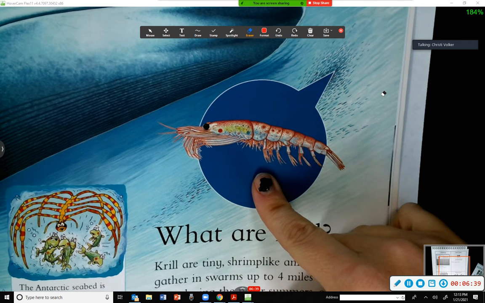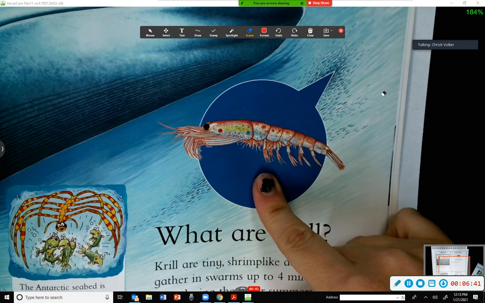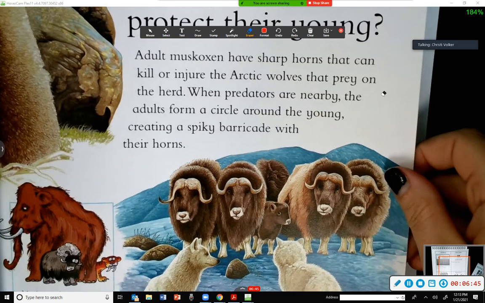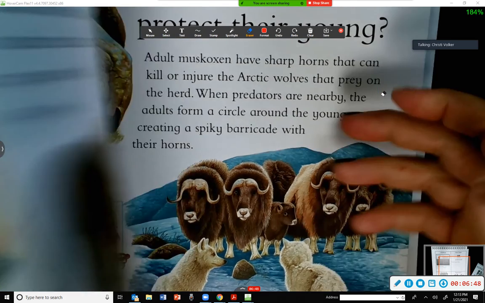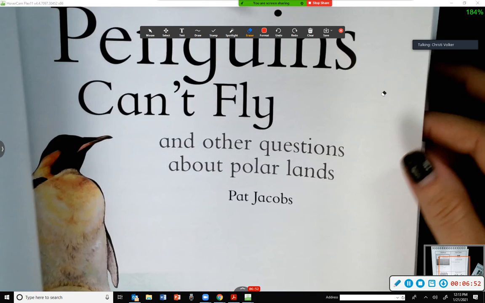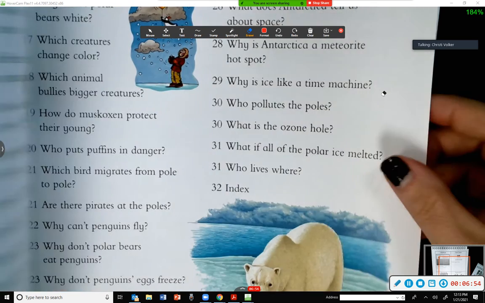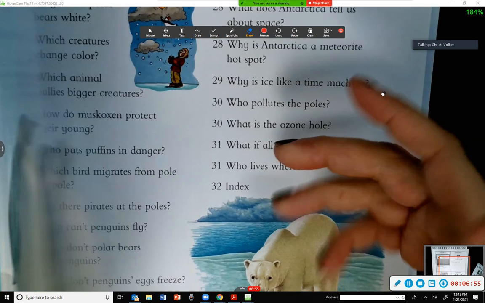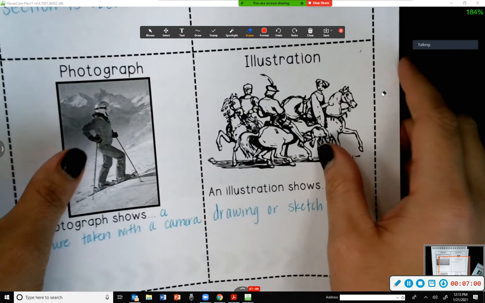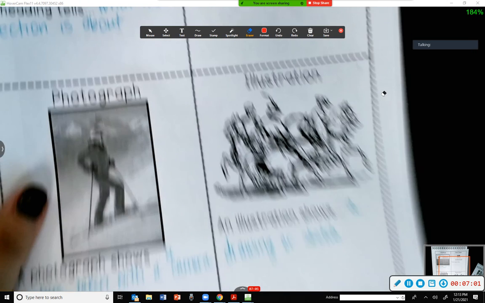Do you think that's an actual picture or an illustration? Illustration. Illustration, good. Illustrations. I think all of these are drawn. No, none are actual pictures. Okay? Okay, there's the first four.